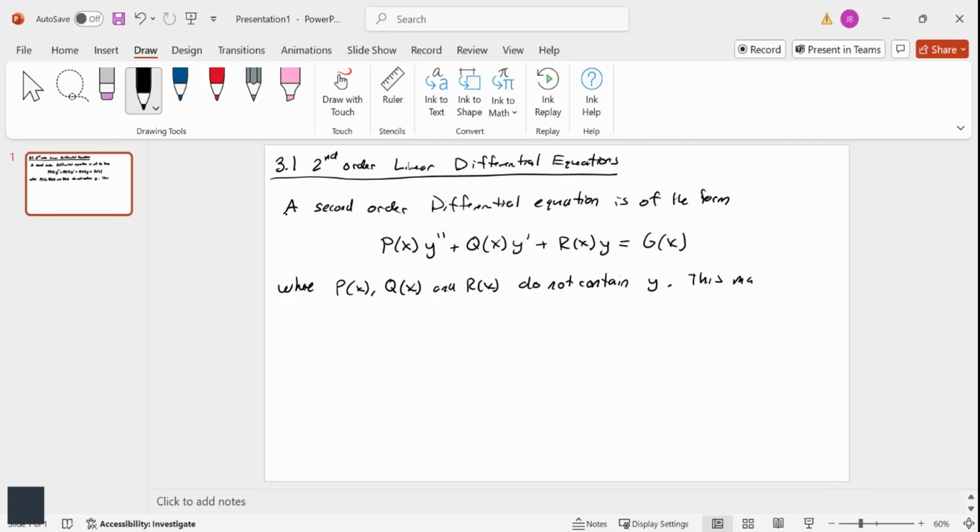This makes the equation linear. So I'm going to say second order linear differential equation a lot because that's going to be the focus of this section.